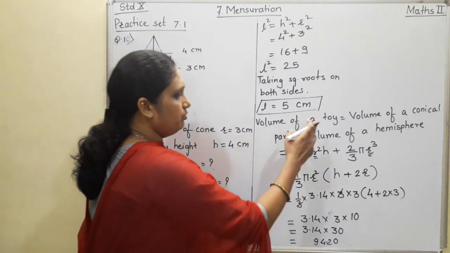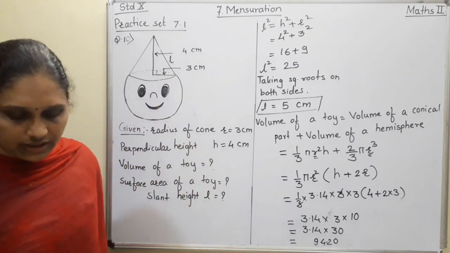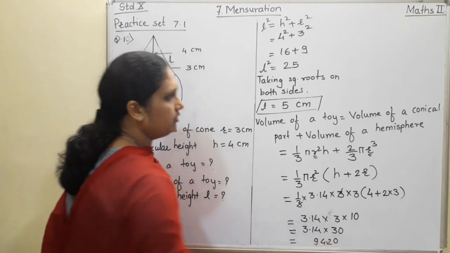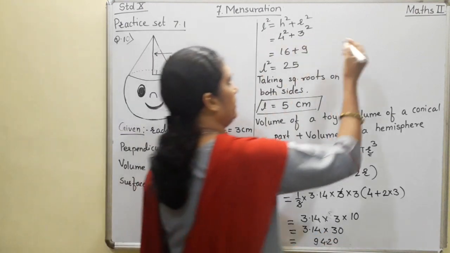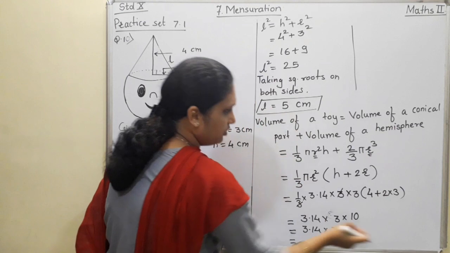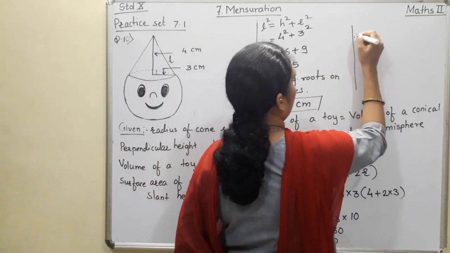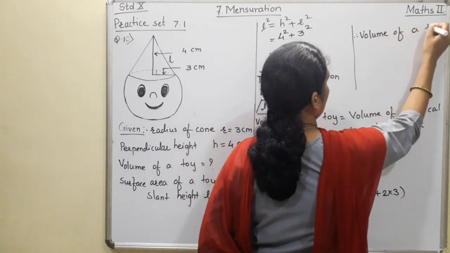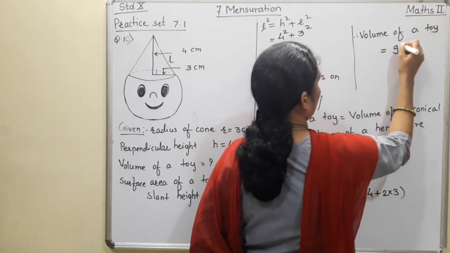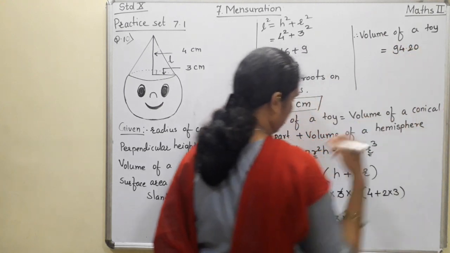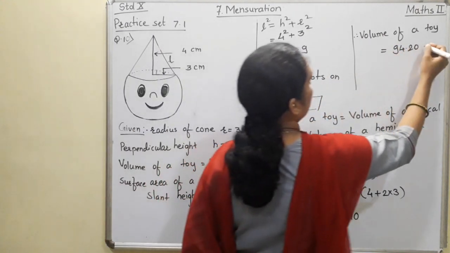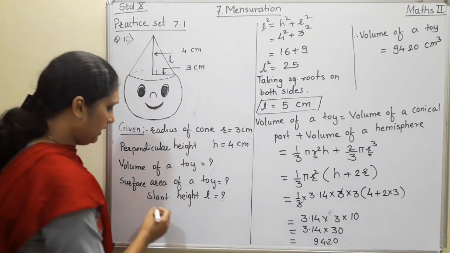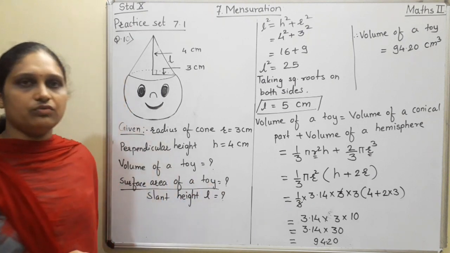So finally you will write the answer in your notebook: therefore volume of a toy equal to 94.20. As it is a volume, the unit will be centimeter cube.